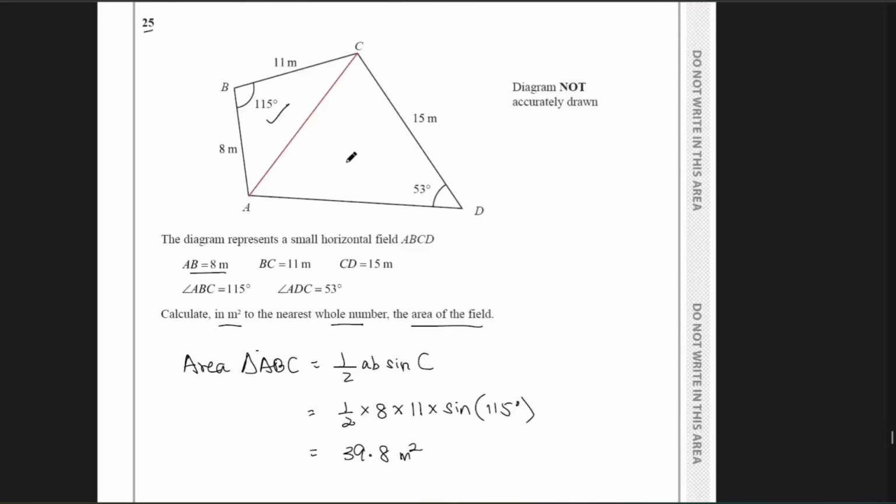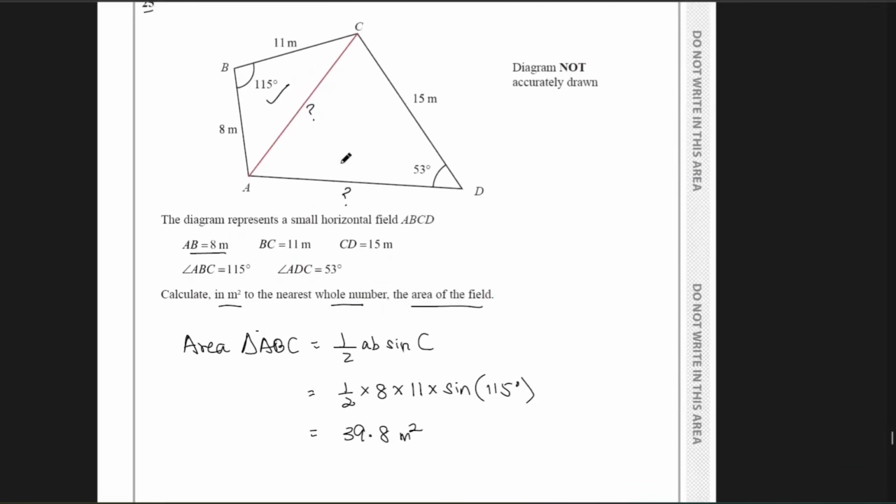We need to find the area of triangle ACD. To do that, we need to find the side AD. And to do that, we need to find the side AC. We'll use the first triangle, ABC, to calculate AC using cosine rule.